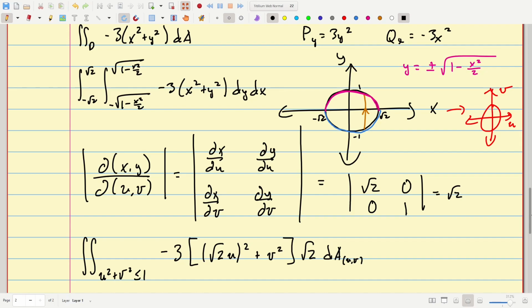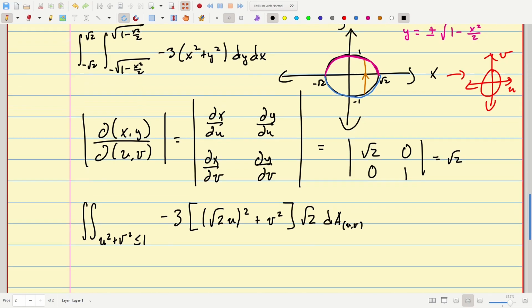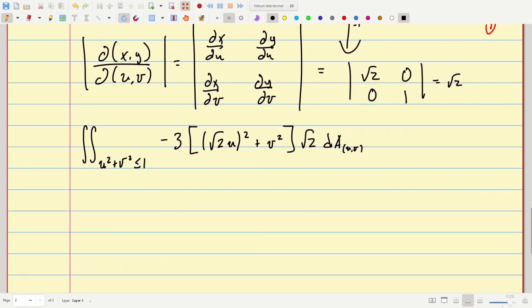Okay? So, essentially what we're doing is we're making an intermediary coordinate change to something that's nice, and then we're going to make another coordinate change to polar, because now this is easily representable in polar coordinates. Does that make sense? Okay? I'm going to factor out the negative 3 radical 2 part.